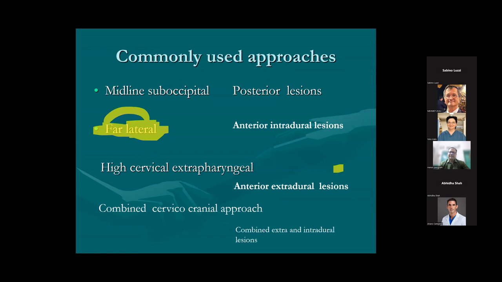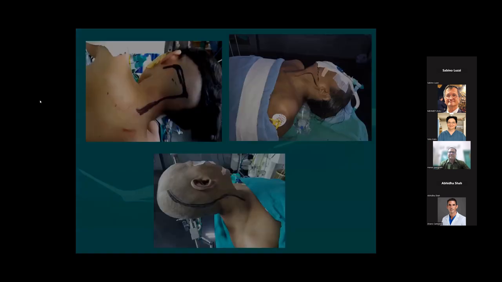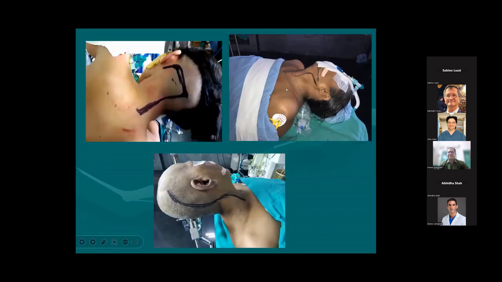And when it's a combined intra and extradural, one has to do a combined craniocervical approach. So basically, three types of approaches are required: high cervical extrapharyngeal for anterior extradural, far lateral for posterolateral, and a combined craniocervical approach when there is a combination of intradural and extradural tumor present in the lateral compartment.